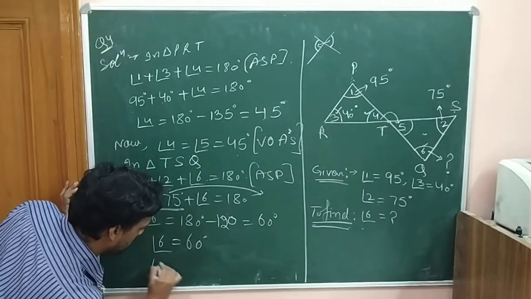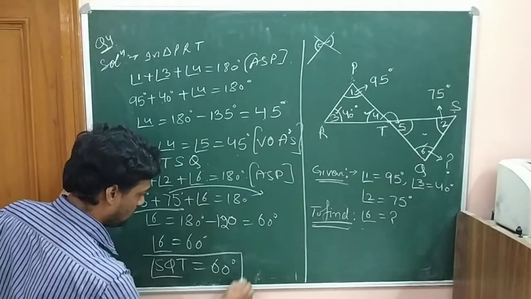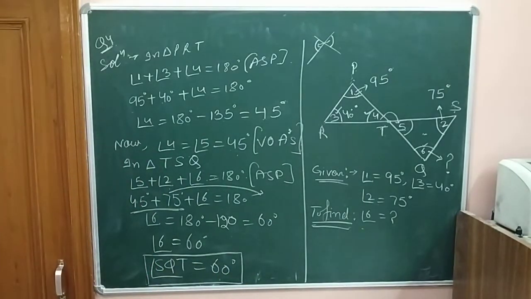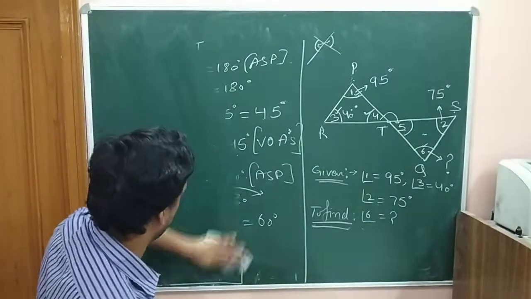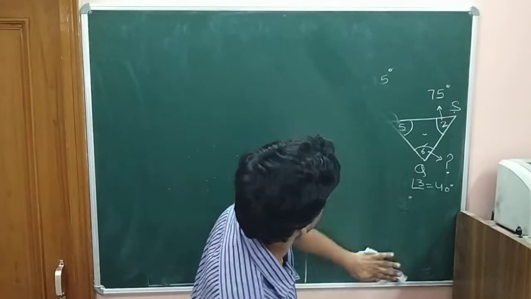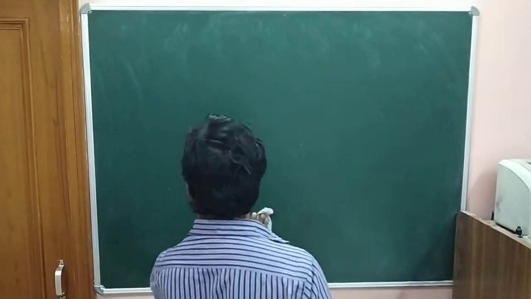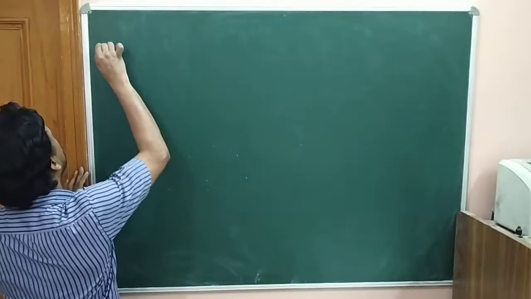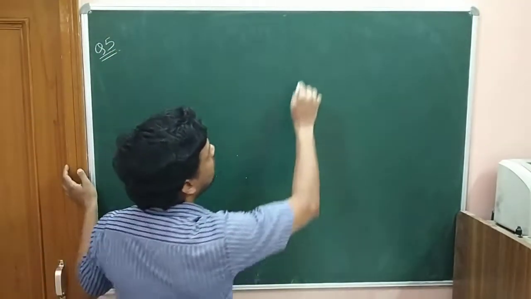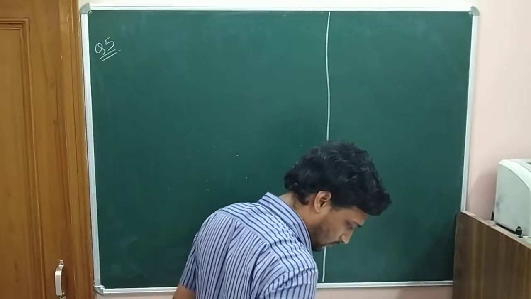So angle SQT equals 60 degree. Clear, students? Next, question 5.